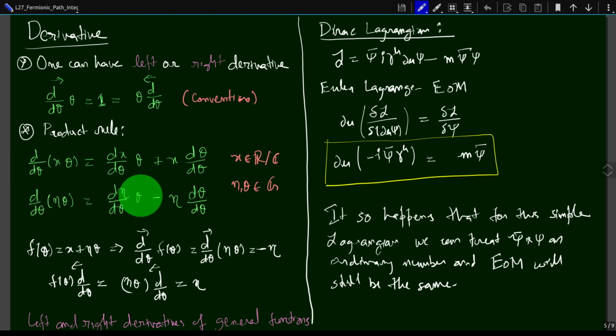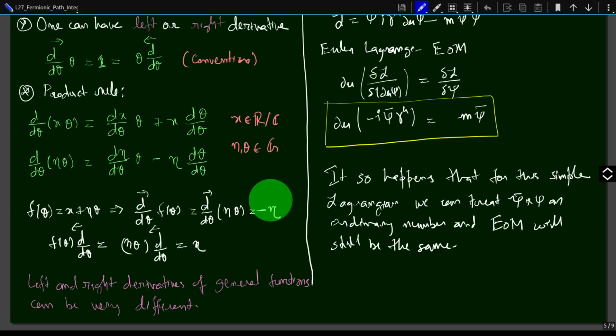So d eta by d theta times theta, and then the derivative crosses eta to act on theta, so there it picks up a minus sign: minus eta d theta by d theta. It is important to keep track whenever these numbers or the derivative cross each other, they always pick up a negative sign. If f of theta is x plus eta theta, then the left derivative, x is a constant, so it doesn't give anything, is d by d theta of eta theta as given from here.